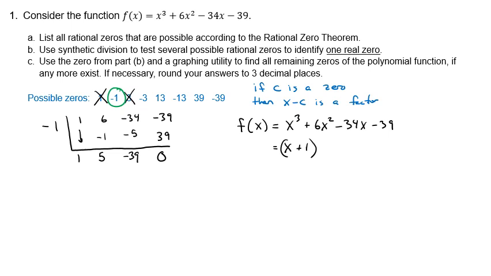Well, c is negative 1, so x minus c is x minus a negative 1. Minus a minus is a plus. So if c is negative 1, then x plus 1 is a factor. x minus c is x minus minus 1, which is x plus 1, right?